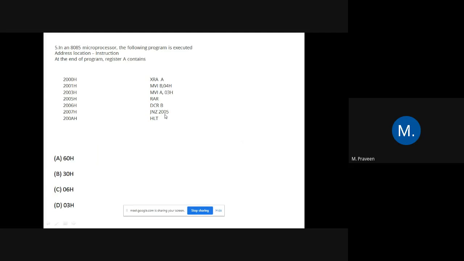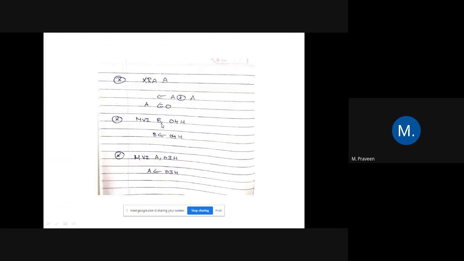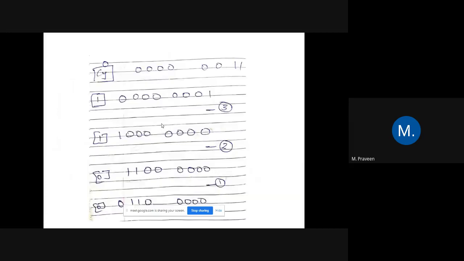Non-zero means the program will be transferred again to RAR. So again we do the RAR. Once again, if you do RAR, the new value of the accumulator is 10000000. Again we decrement the B value, and the new value of B is 2.